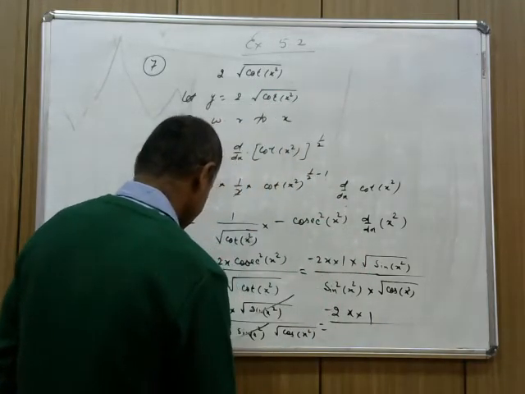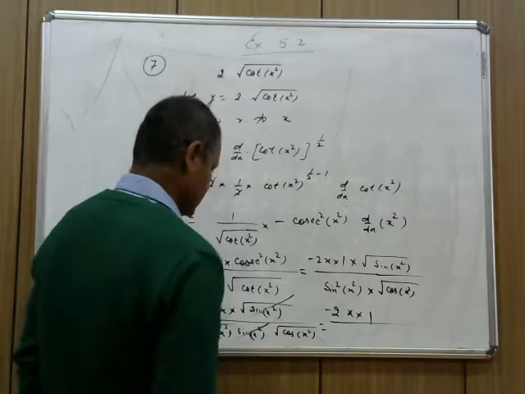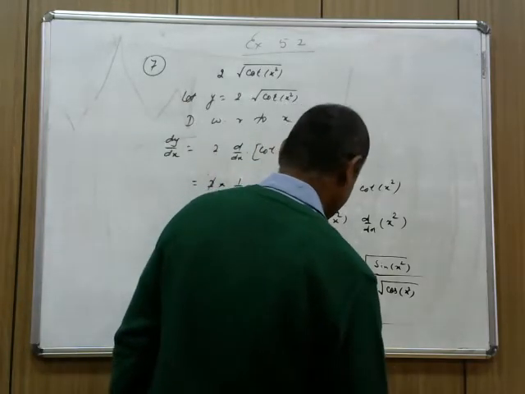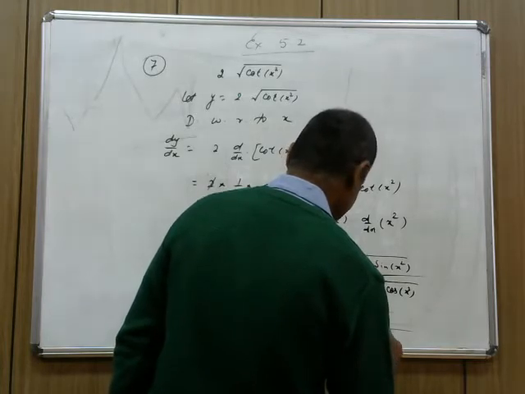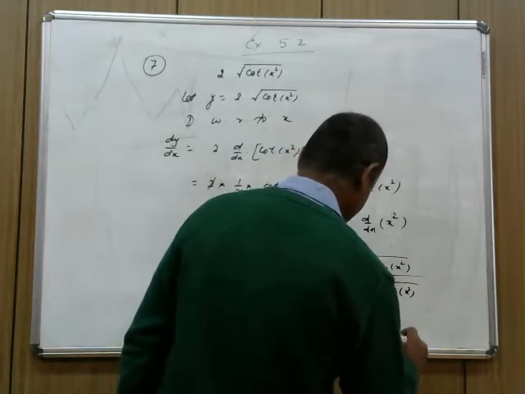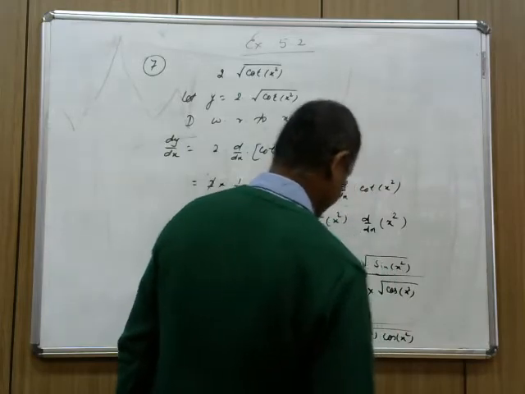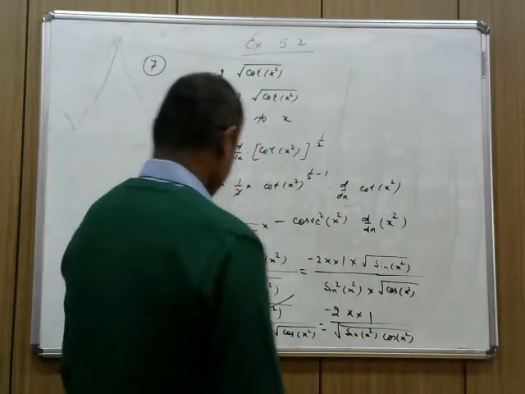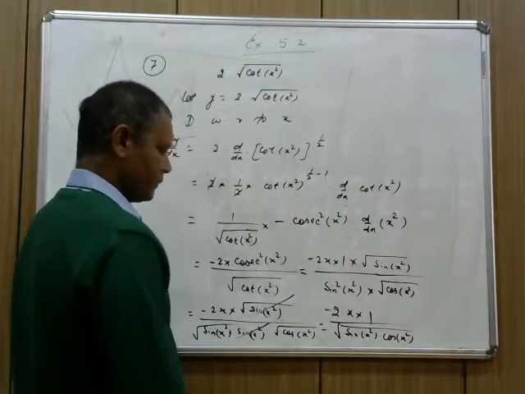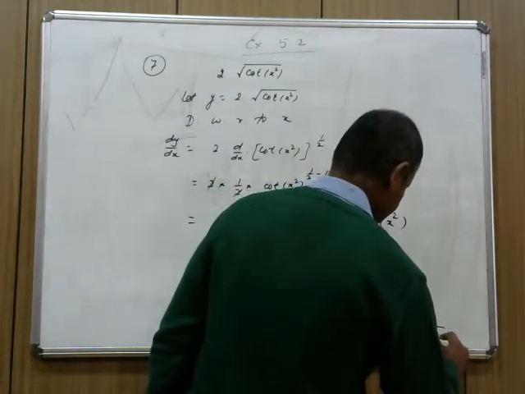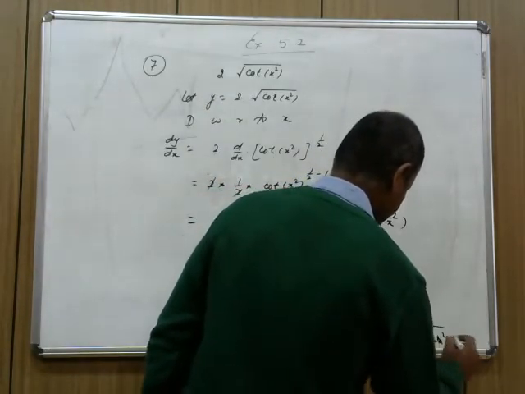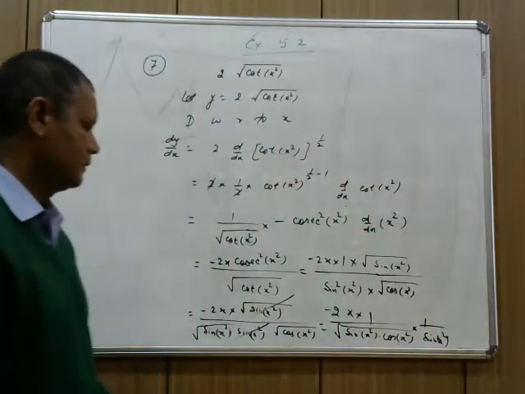And I'll write here under root sine x square. Now under root sine x square into cos x square, and 1 sine x square will be left out into 1 by sine x square, isn't it?